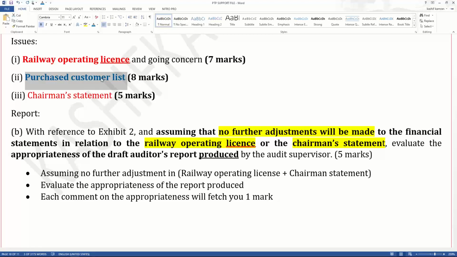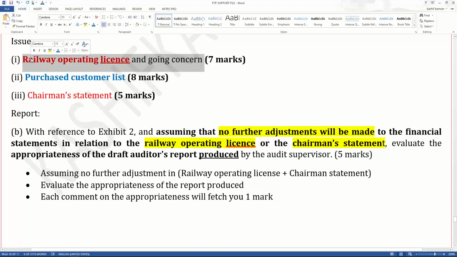On the purchased customer list, the auditor and the management are on the same page, right? Railway operating license and going concern is one issue, right? The examiner is using the short form, railway operating license. Railway operating license and going concern is one accumulative issue, so don't get distracted that they are two different issues. That's one complete statement.